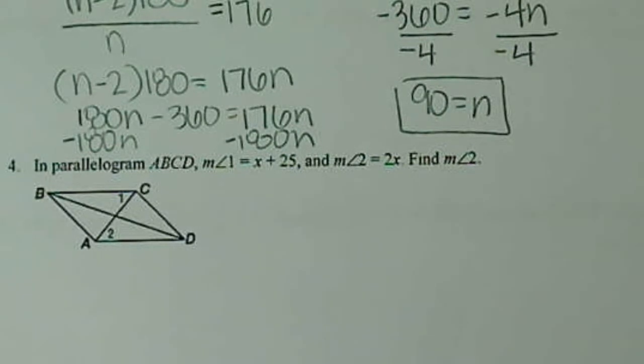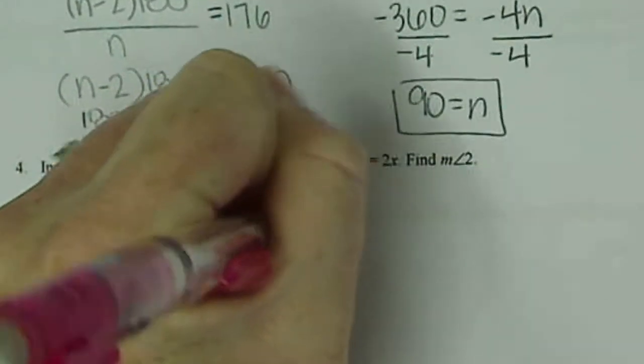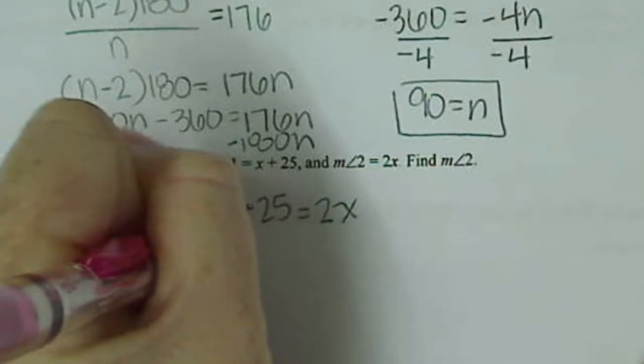So angle 1 and angle 2 are opposite interior angles, which means they are congruent. So first we need to find x, then we can find the measure of angle 2. Let's set these equations equal to each other, and then let's solve for x.